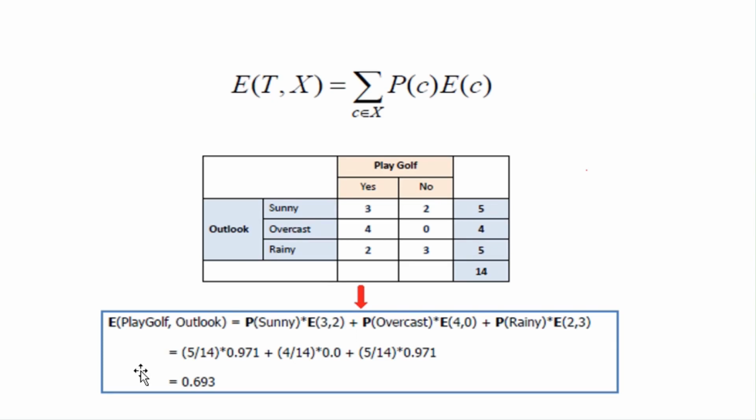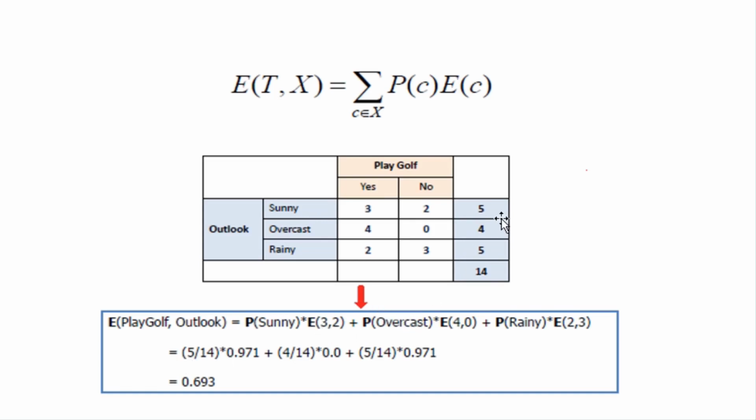Now see, what I am doing is calculating the entropy of play golf given outlook. So the formula is the same for the entropy, we are just multiplying the entropy by the probability of each of these subsets of outlook. That is, the probability of sunny is nothing but 5 out of 14. The same has been reflected here.